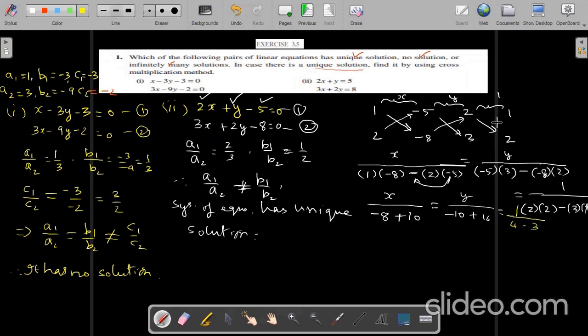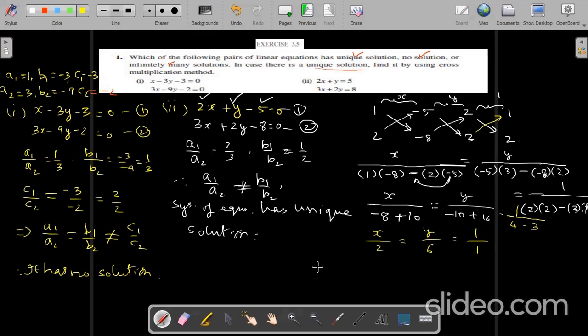Correct? 4 minus 3. Now you get x is equal to 10 minus 8 plus 10, 2. Minus 15 plus 16, 1. And 1 upon 4 minus 3, 1.